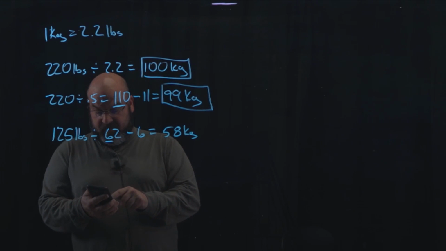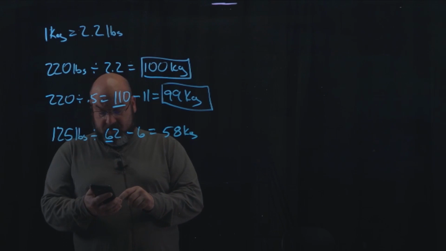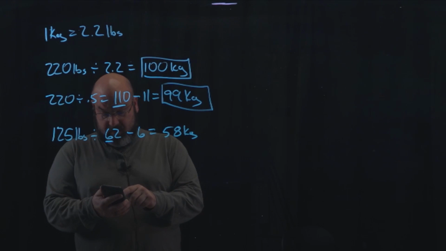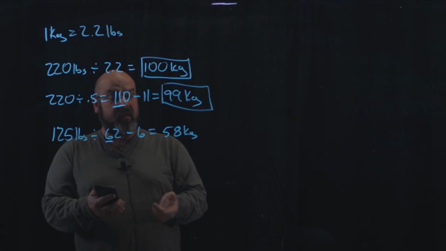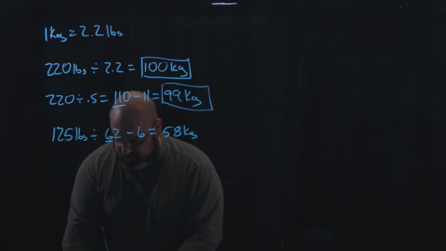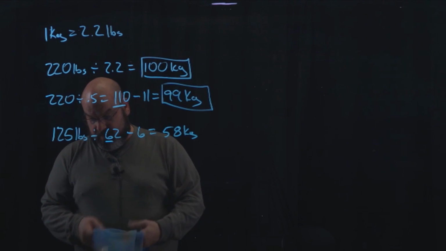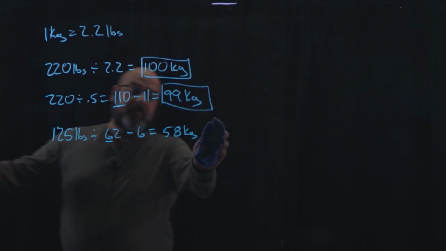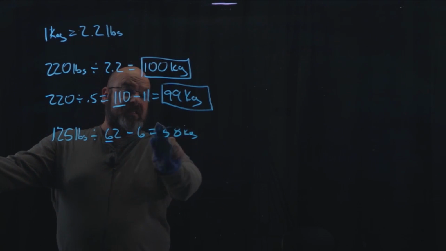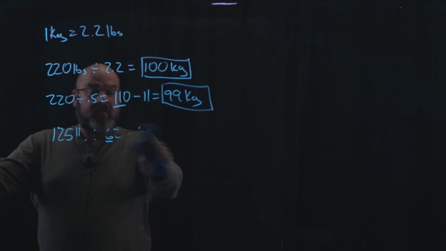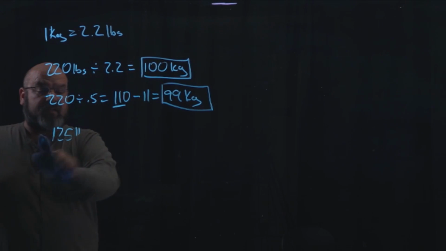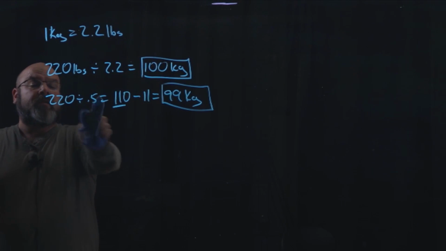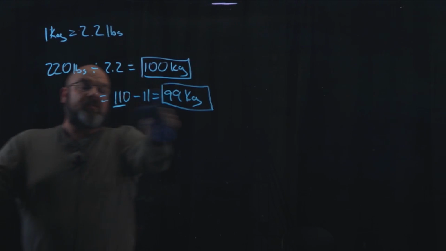So 125 divided by half, 62, minus 6 equals 56 kilo. Okay, so I was off just a little bit. So 56 kilograms. You see, it gets you close. It works well. Keep that in mind. It's quick and easy.